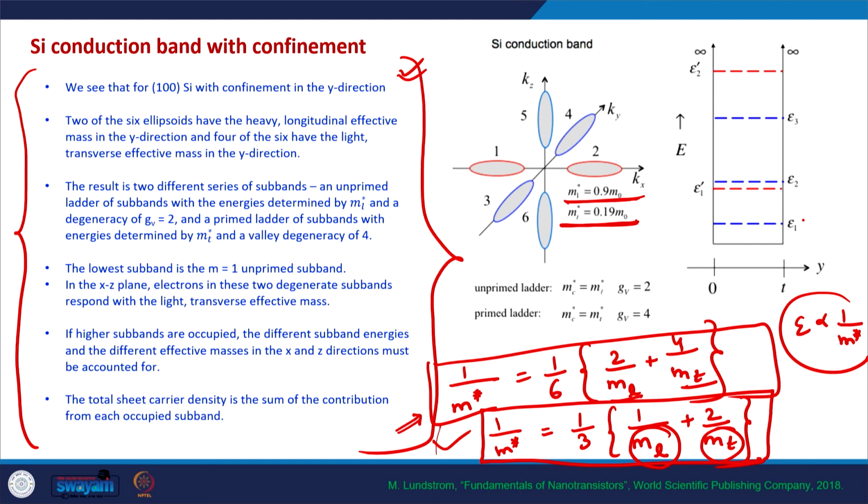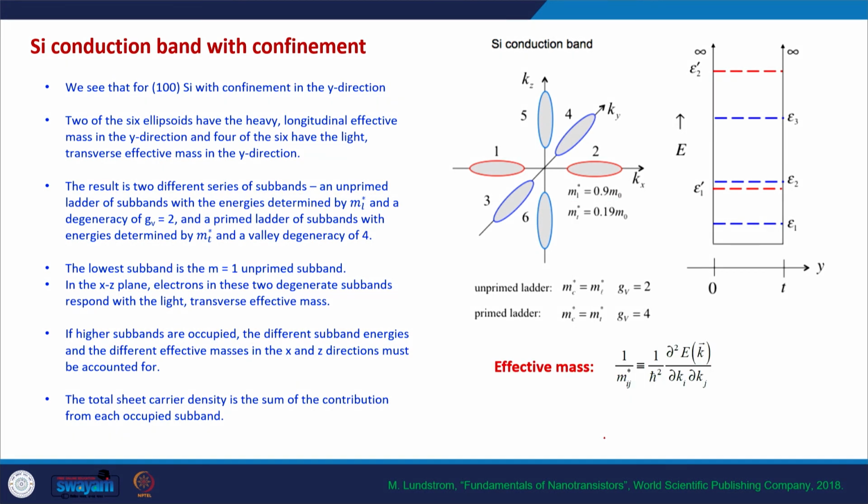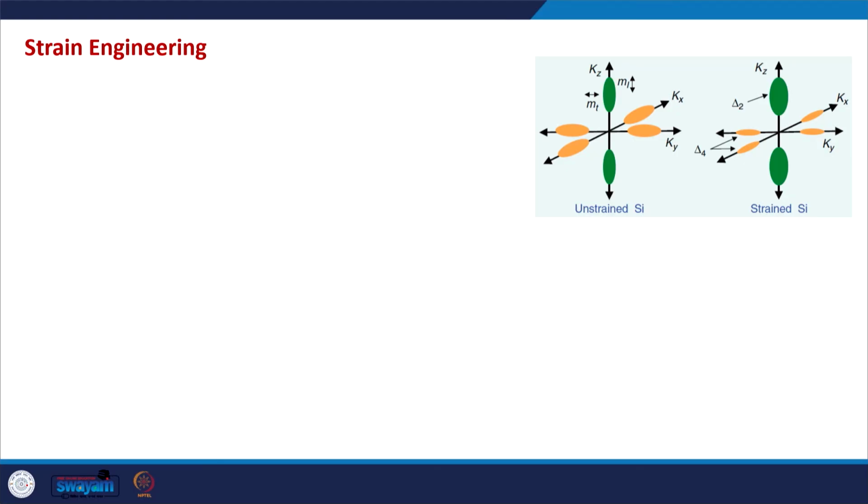So this brings us to another important idea in nano MOSFETs, which is strain engineering. Strain engineering essentially means using strained silicon, as I told you in the beginning of the class, to have better performance. In strain engineering, we apply strain, and let me give you an example of biaxial strain.